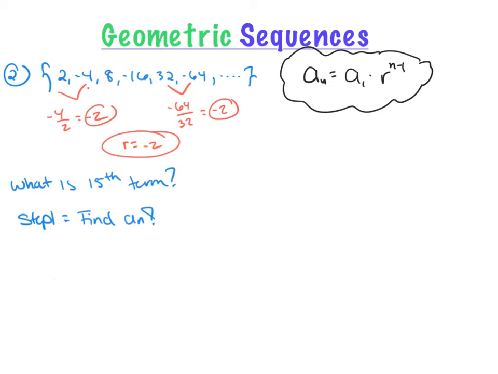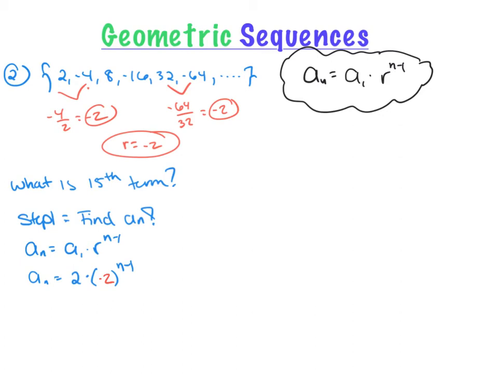In this one, a sub 1 is nice and easy, it's given to us. It's 2. So a sub n is equal to a sub 1 times r to the n minus 1, which is 2 times r to the n minus 1. Oh, and r, we also found out, r was negative 2. We found that by dividing two consecutive terms. So there's a formula for our a sub n's.